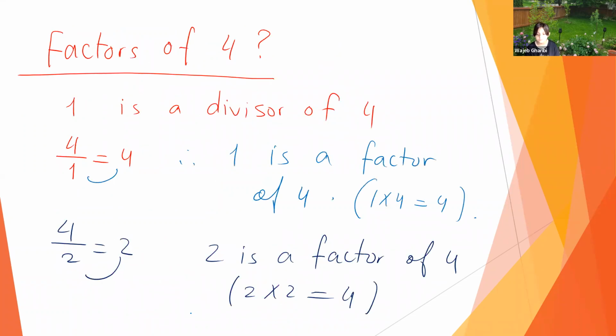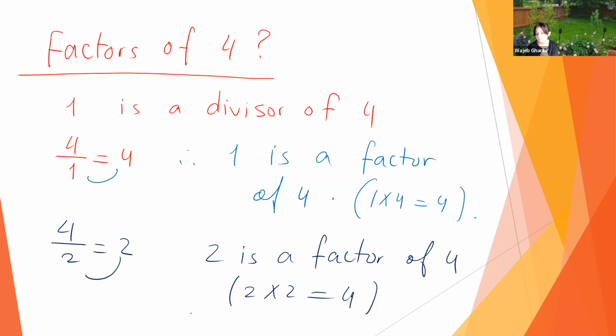Good. So let us find the factors of 4. We have to find the divisors of 4. Starting from 1, is 4 divisible by 1? Yes, and 4 divided by 1 equals 4. So 1 is a factor of 4. Is 4 divisible by 2? Yes, because 4 divided by 2 equals 2.